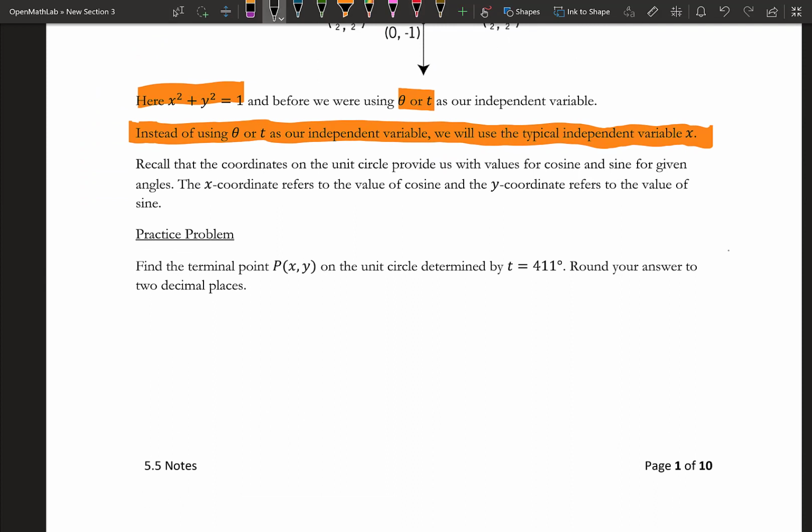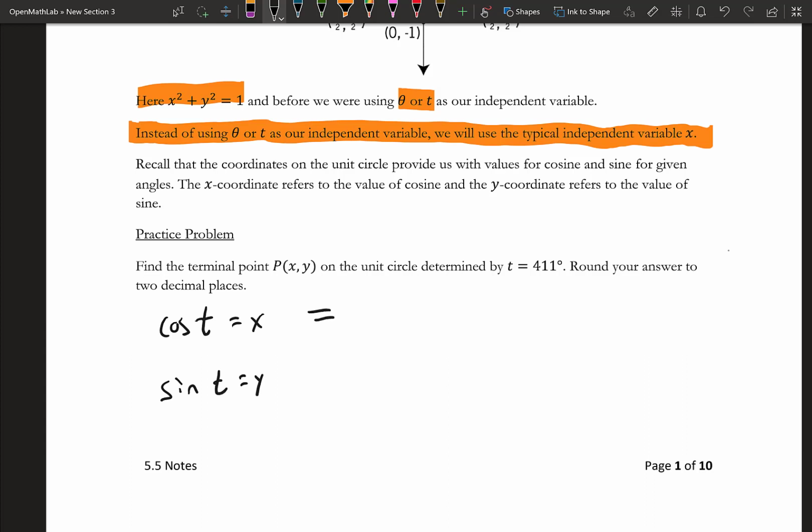So I have here a warm-up problem. We're asked to find the terminal point P of x comma y on the unit circle determined by t equals 411 degrees. Round your answer to 2 decimal places. Remember that cosine of t is equal to x and sine of t is equal to y, the y coordinate.